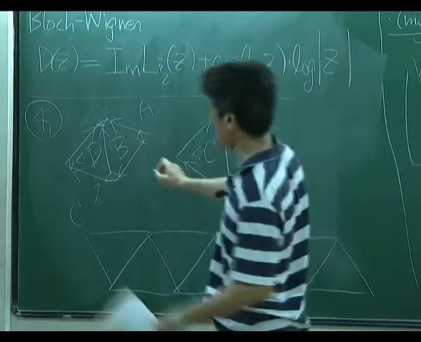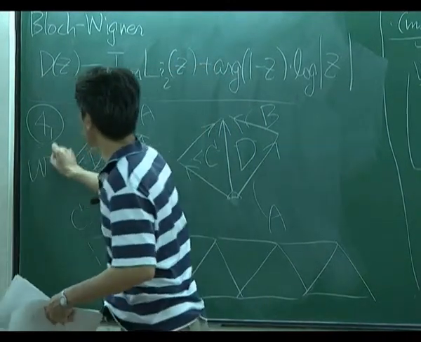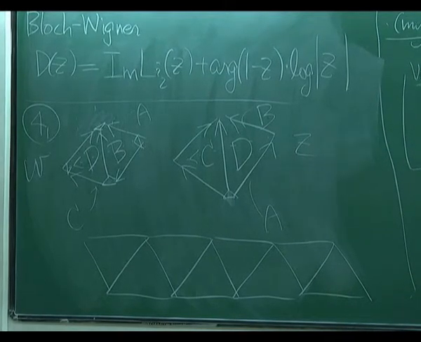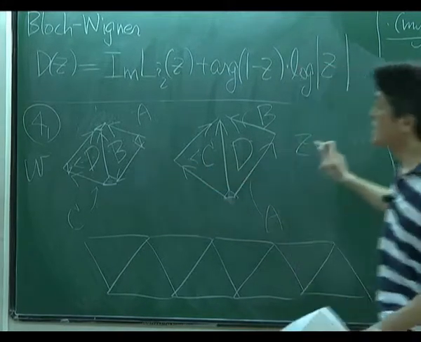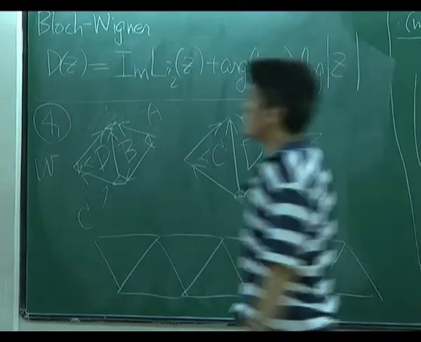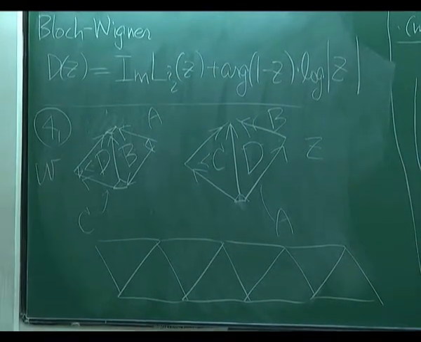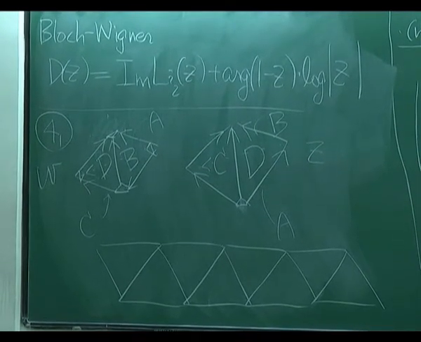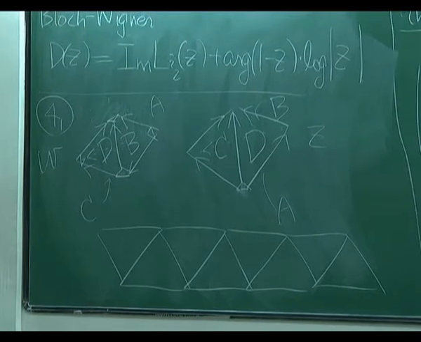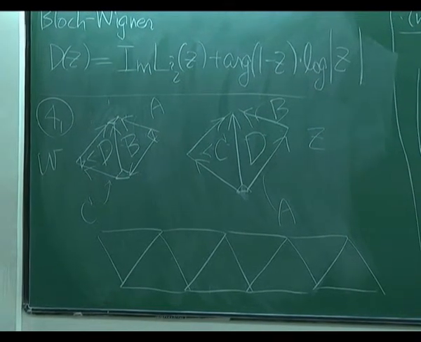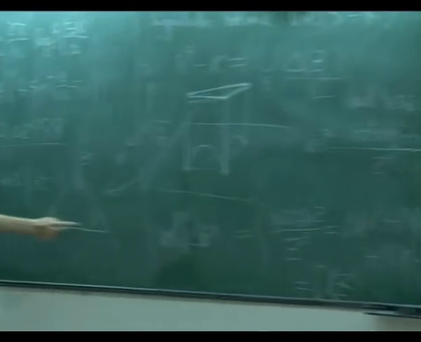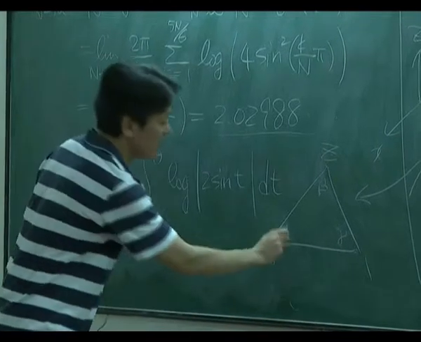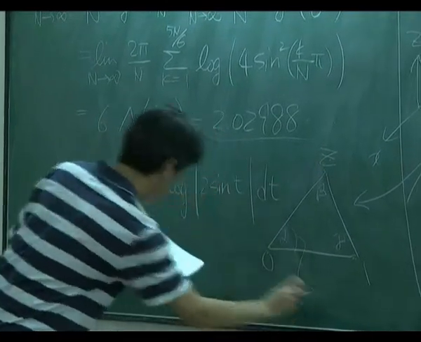And we assume the parameters of the tetrahedra are W and Z. If each ideal tetrahedron is parameterized by one complex number, then this alpha is just the argument of Z.